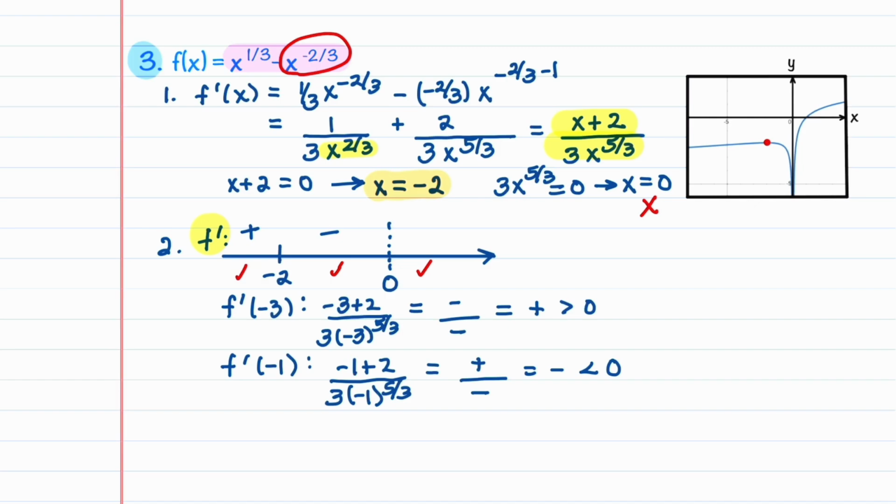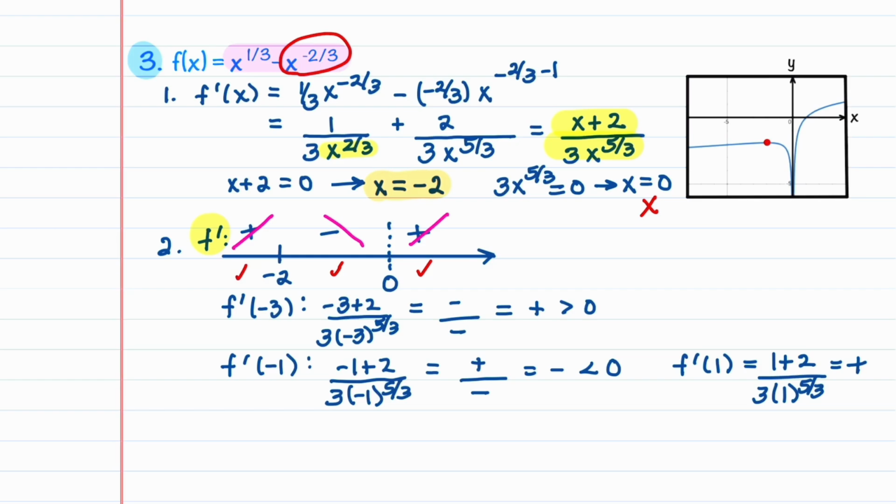And then we have to check one more point. Let's check over here on the right, f prime at 1. This is going to be a 1 plus 2, all divided by 3 times 1 to the 5/3, and we can see that that is all positive. So let's put a plus up here on our graph. Let's go ahead and now draw some lines: increasing, decreasing, increasing.